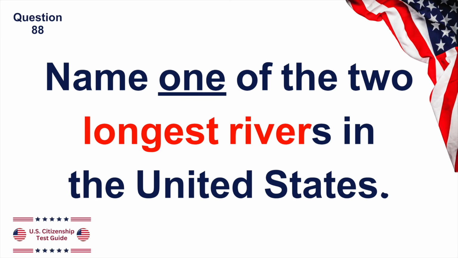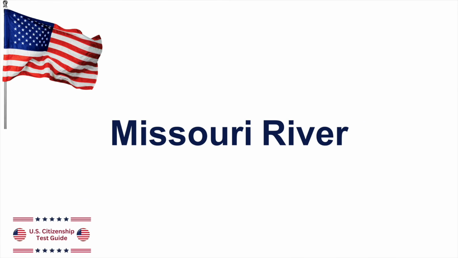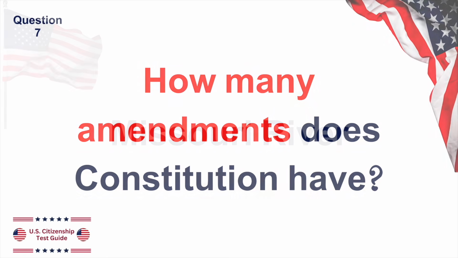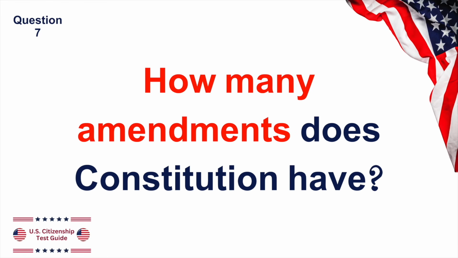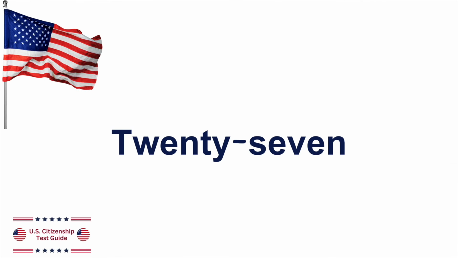Name one of the two longest rivers in the United States. Missouri River. How many amendments does the Constitution have? 27.